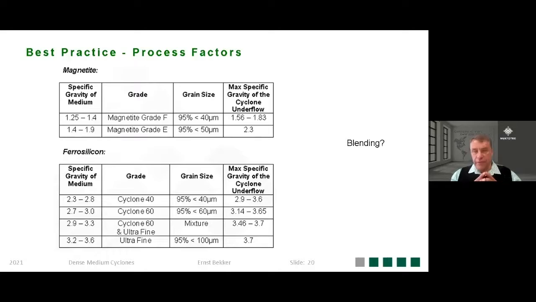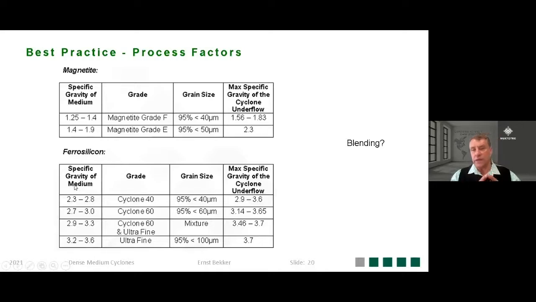Then you have situations. If you look carefully, the maximum density on magnetite, as shown in this table, is about 1.9 operating density. For ferrosilicon, the lowest is about 2.3. So what do we do if we need to operate in between?